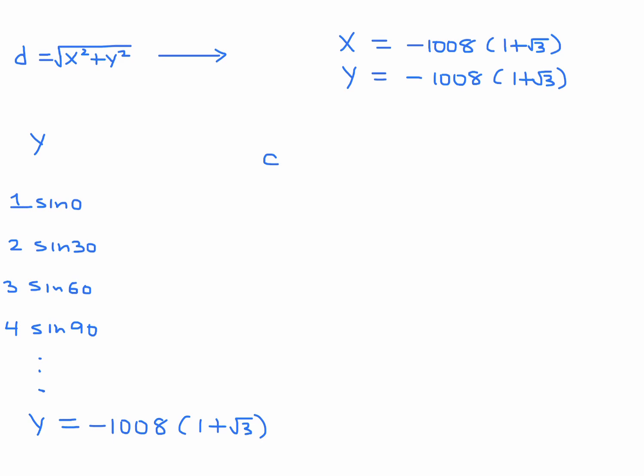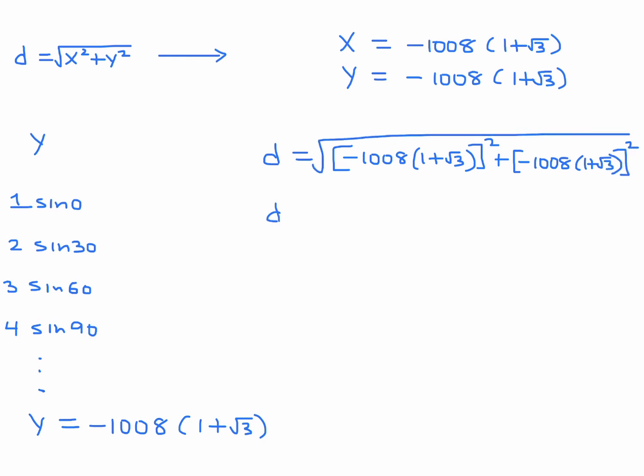And now we just have to figure out the distance with that formula. So plug that in, x squared plus y squared, and we get minus 1008, 1 plus root 3, all of this squared, plus y squared, which is again 1008 times 1 plus root 3, all squared. And this is all under the square root sign.